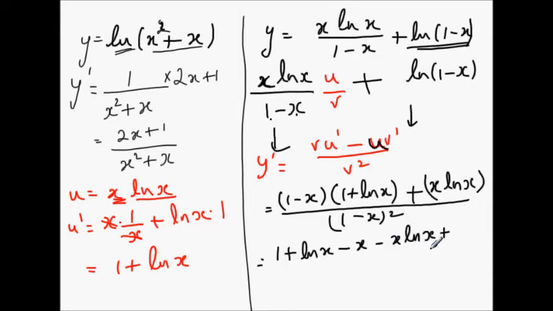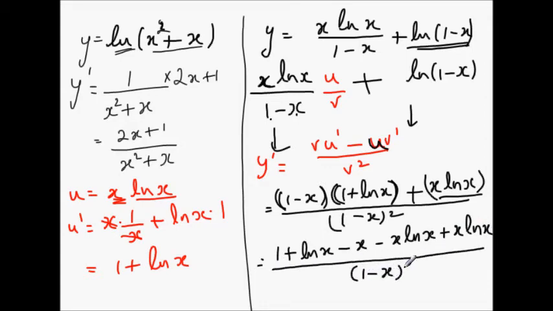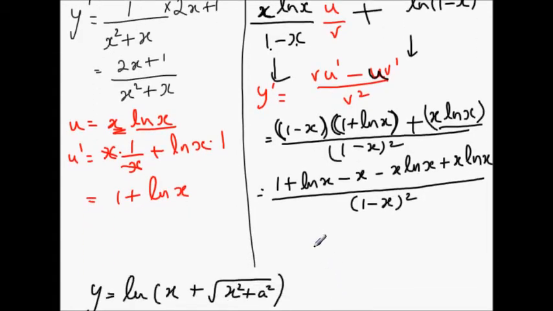This is the simplification of these two brackets until now, and then we are left with this part, x ln x divided by 1 minus x the whole square. Okay, so you can simplify this. You can see that this gets cancelled, therefore this is 1 minus x plus ln x over 1 minus x square, and that's where you stop. You can't simplify this further.